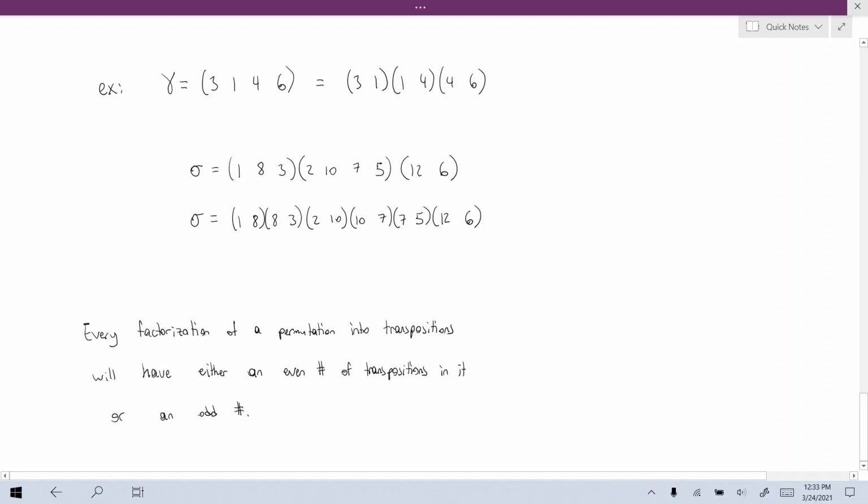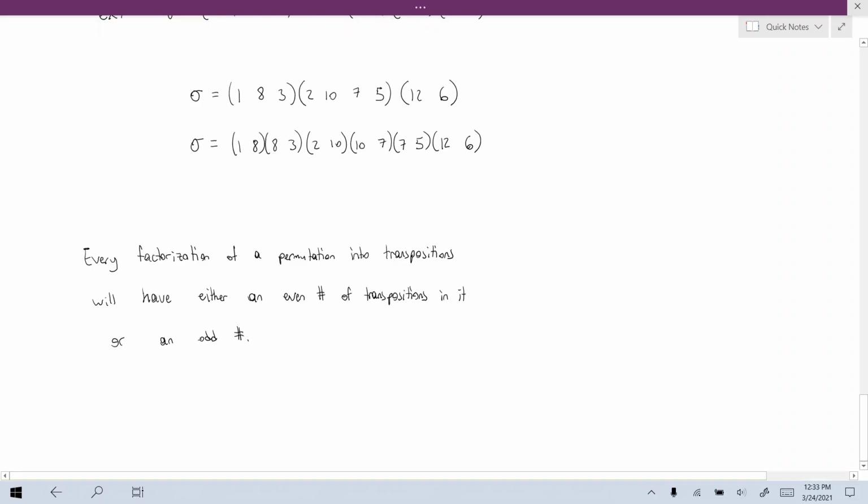Okay, so if you take a permutation, then no matter how you factor it into a product of transpositions, it will either always end up with an even number of transpositions in it, or every factorization will always end up with an odd number of transpositions in it, okay?